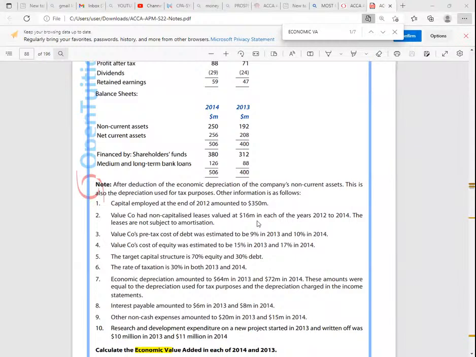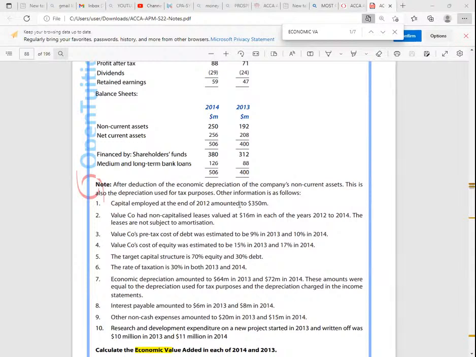What I ordinarily would have done, I would have picked capital employed as 400, these total assets here. The assets in 2013, I would have picked this 400, and for 2014, I would have picked 506. But you see now this examiner has brought in confusion. He has given me the capital employed at the beginning of 2013, which is 350.